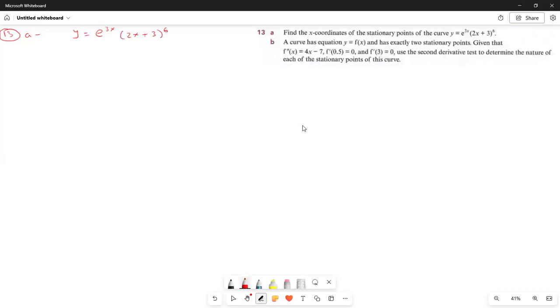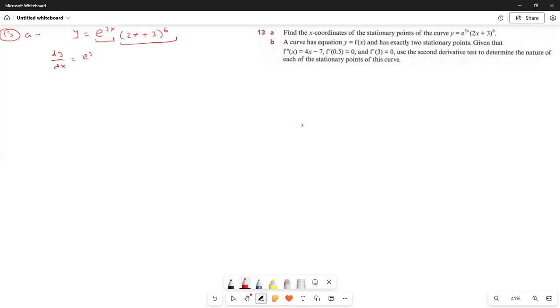Stationary points are where the derivative is equal to 0, and those points are either maximum or minimum. So we need to find the derivative first of all. So dy by dx equals first function. I will make this part first function and this part second function.